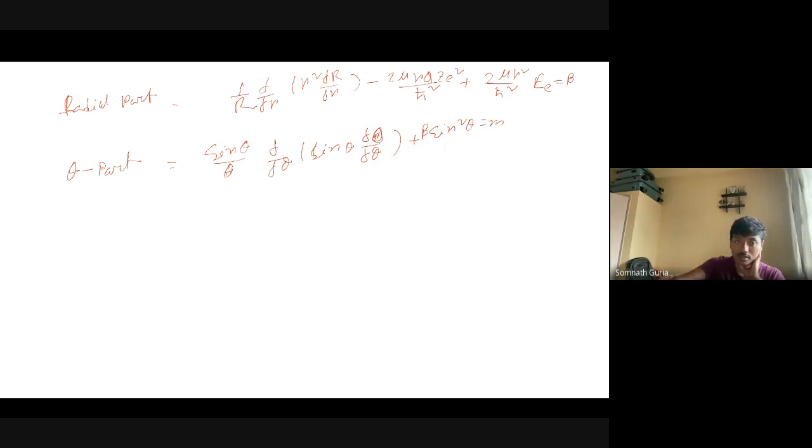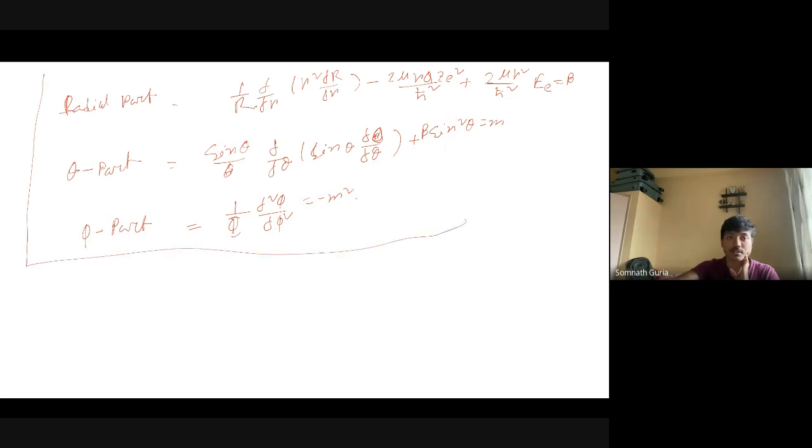And then the phi part will look like 1 by phi del square phi by del phi square equals minus m square. This radial part, theta part, and phi part are actually separable, and it is separated.